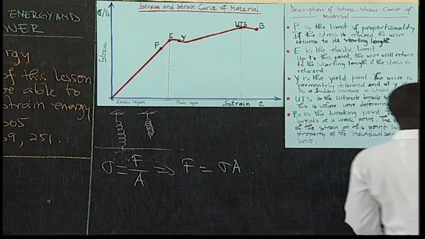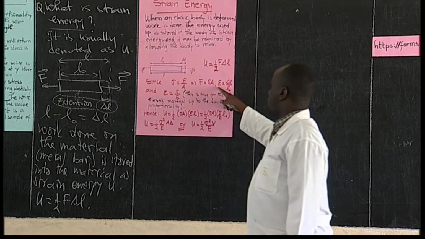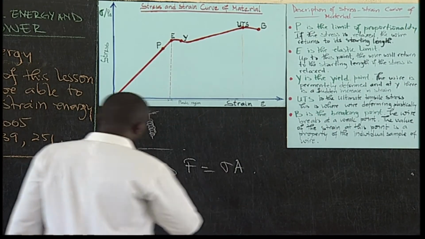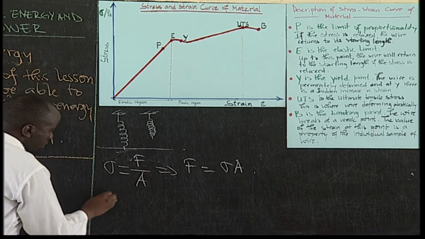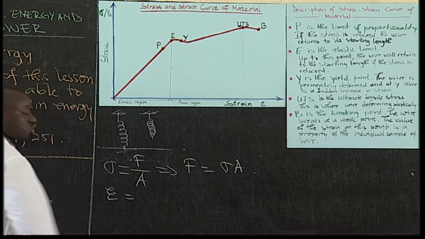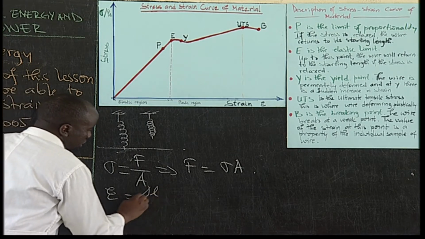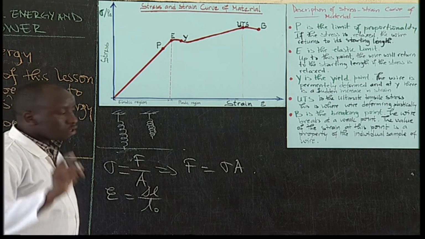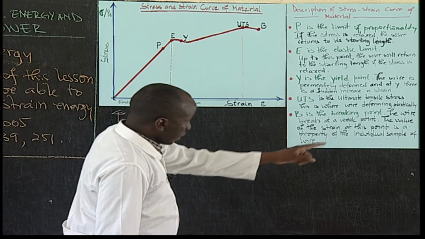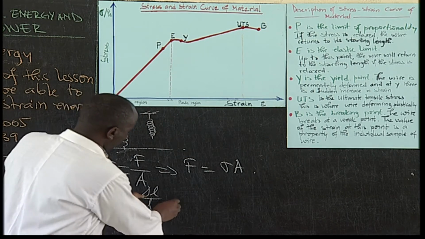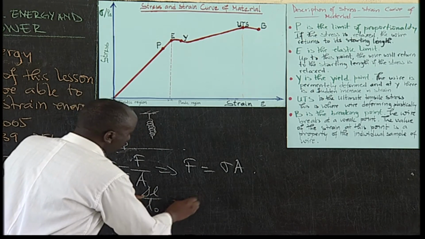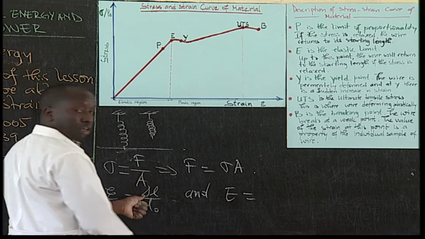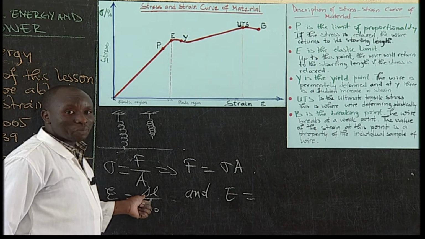So this is what I've tried to bring up here. We also have the strain, epsilon. This strain is the change or the elongation relative to the original length of the metal bar. Another thing that we have defined is this E, which we have called the elastic modulus.